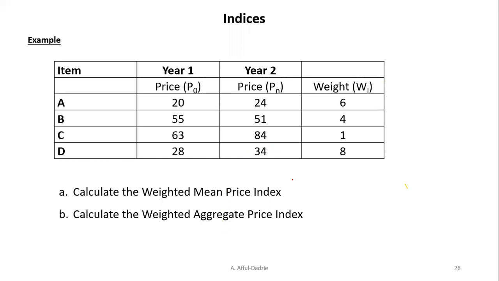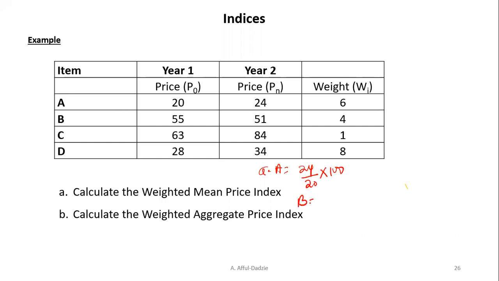So in the first place, to compute your weighted mean price index, what it says is, first, like we did, compute the index numbers for each of the commodities. So for A, we would have the current price, which is 24, divided by 20 times 100, okay?